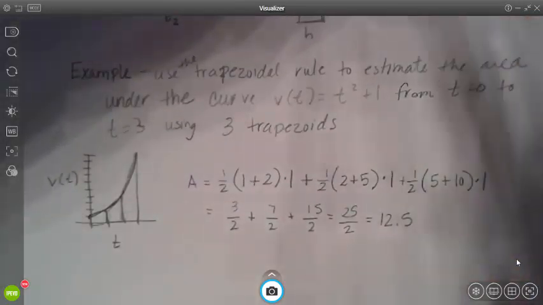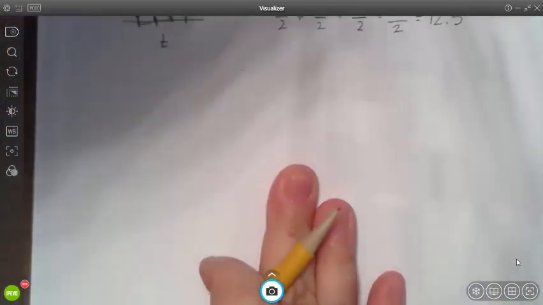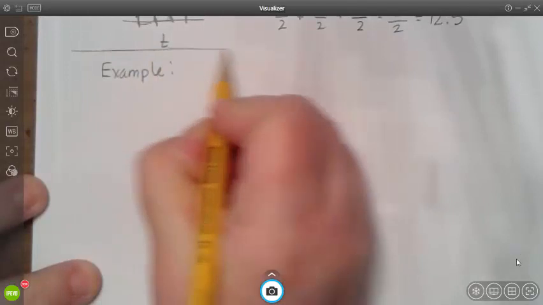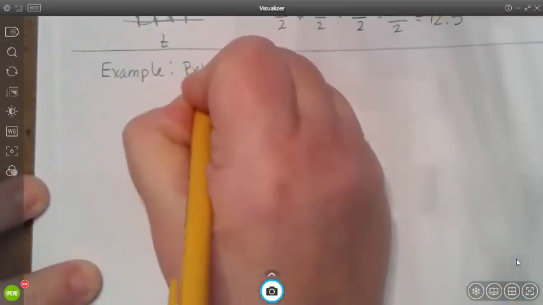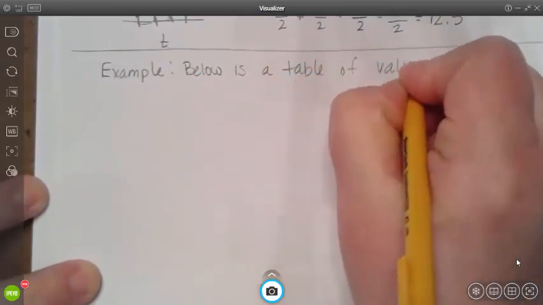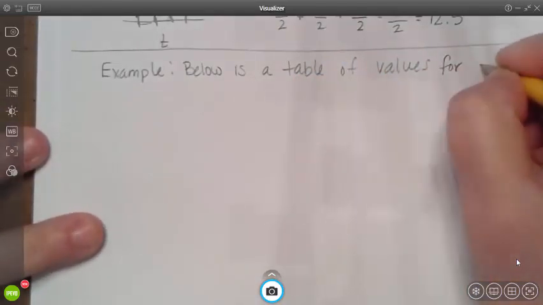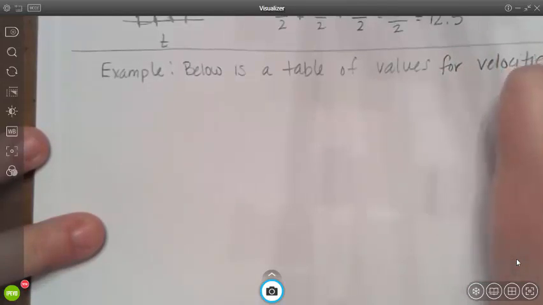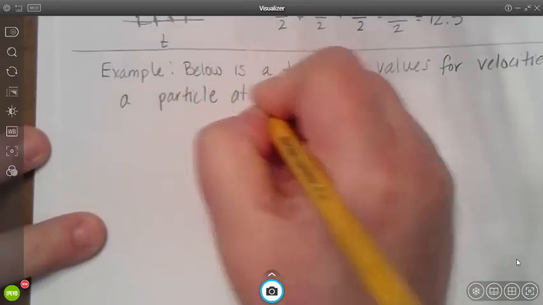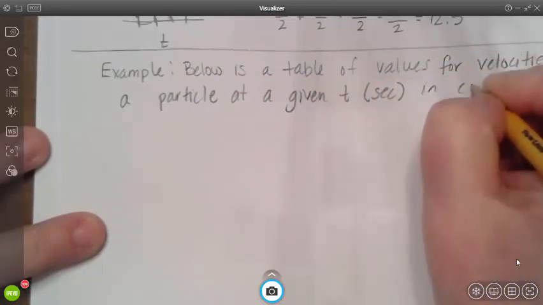So let's say another example. Okay, let's say below is a table of values for velocities of a particle at a given time, and we'll do seconds and centimeters per second.